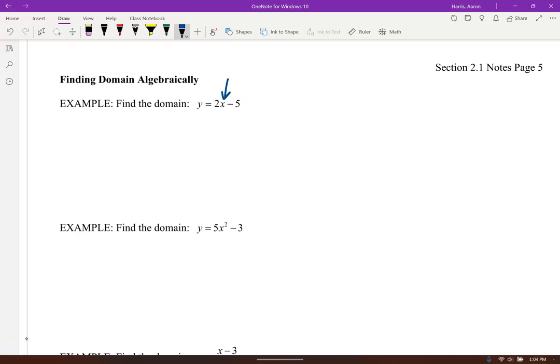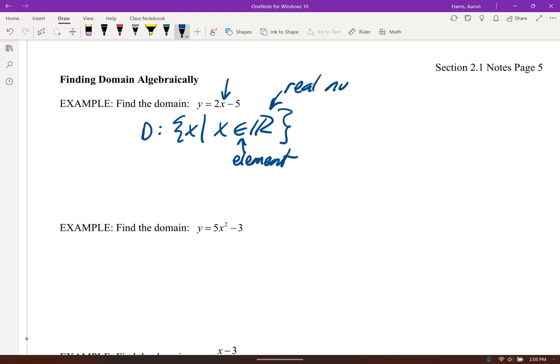Well, in this case, it doesn't matter what I plug in for x, I'll always get a y value. I can plug any real number in for x. So my domain is x such that x is an element of the real numbers. This is element. This is the real numbers. In interval notation, we say negative infinity, positive infinity.